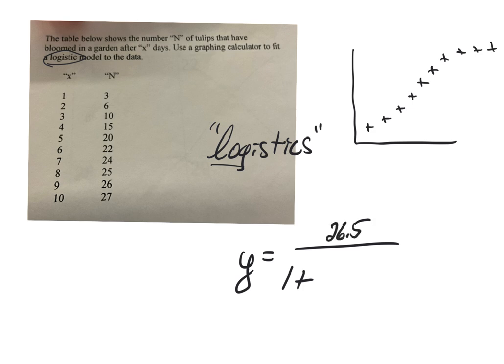So the numerator was supposed to be 26.5, then divided by 1 plus the A value, which was the 14.9, times e raised to the negative B, my B value is about 0.74, x value. Okay? And that's then the equation for the logistics model.